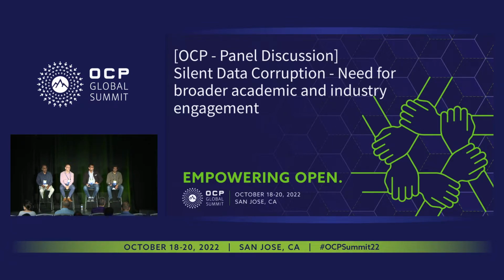So, this is the panel on silent data corruption. And the focus is mostly on the need for engaging a broader community, both academia and industry, to solve this major challenge. Does everybody know what silent data corruption is? Maybe I will just give a very quick background.